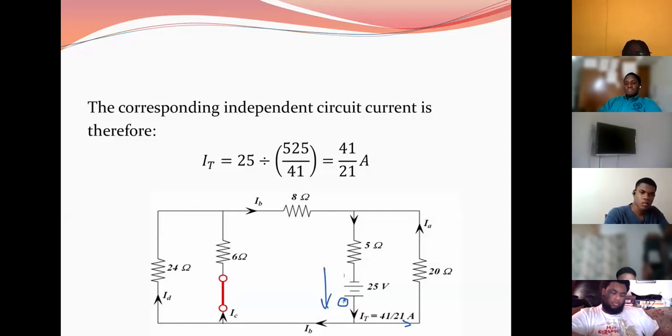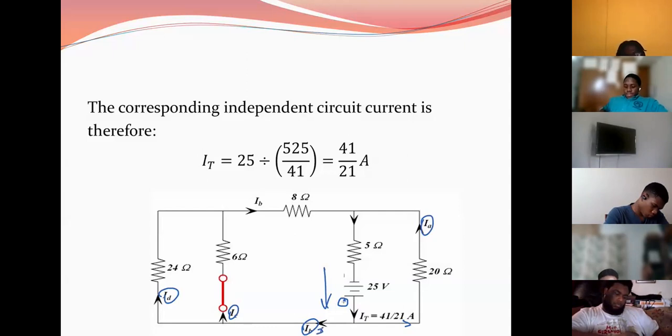So if you redraw the circuit, I have given names to the various currents. So I have here IA, IB, IC, ID. And of course, whatever current is going here as IB would be the same current up here.